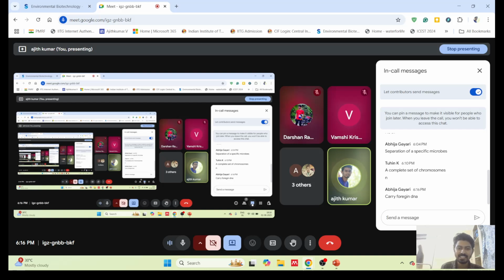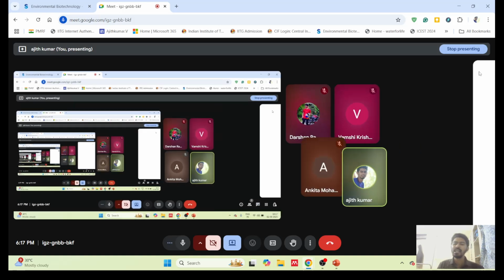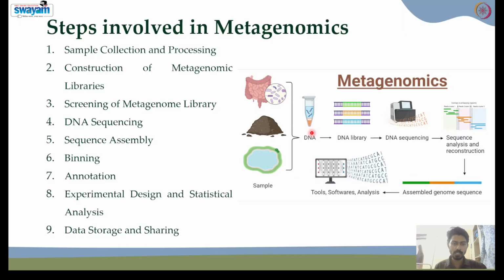Yes, it is a tool, a delivery vehicle that carries the foreign DNA or your species of interest DNA. So it is correct, Abhija. It acts as a vehicle, it helps carry the gene of interest that we are focusing on.